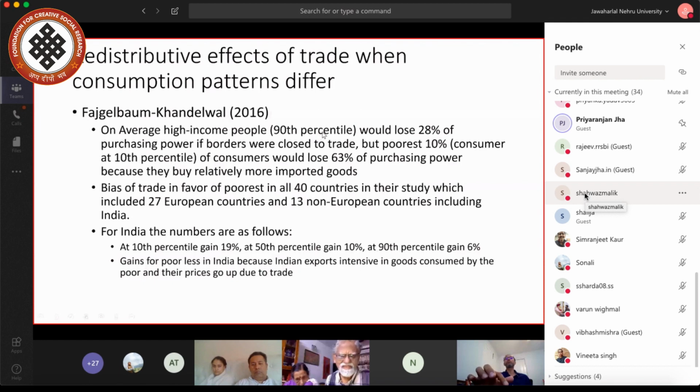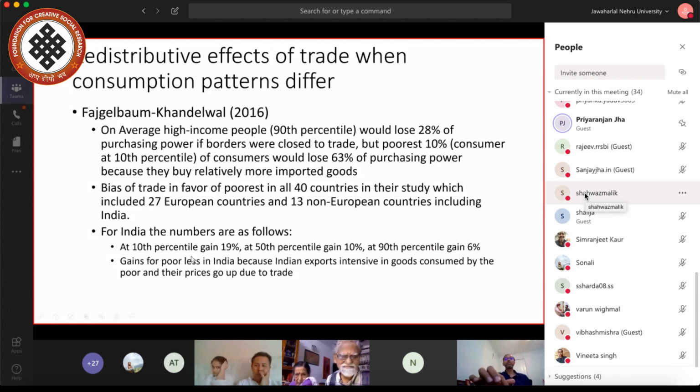High-income consumers tend to buy more services which happen to be non-traded goods, so they buy more vacations and go to massage parlors and so on, while low-income consumers tend to spend more of their income on actual goods rather than services, and most of them tend to be imported, and that's why they would lose more if a country stopped importing these goods. So in the US case, it would be basically China. If you stop importing goods from China, it's the lower income consumers who would be hurt more. That's kind of the idea.